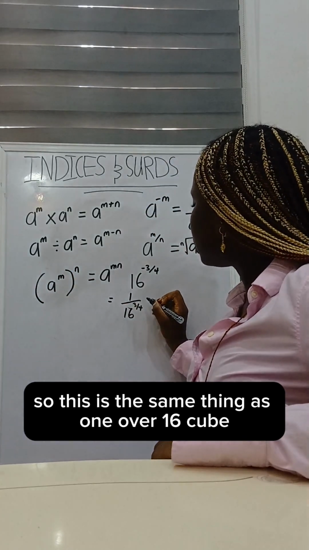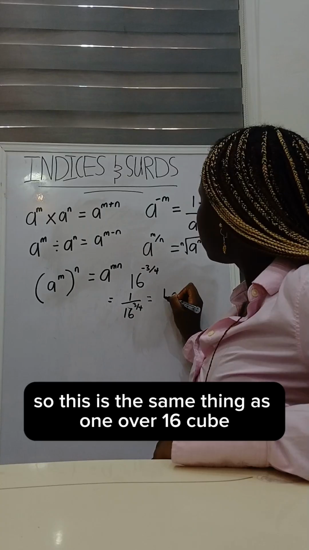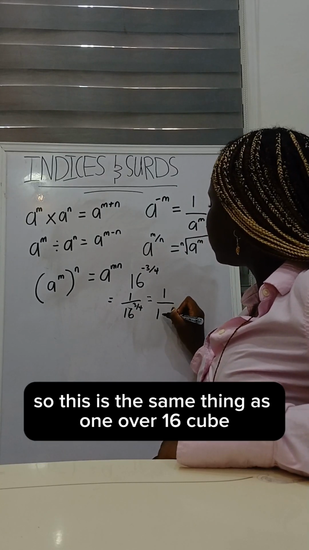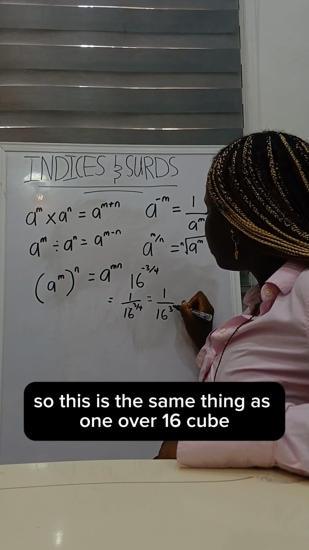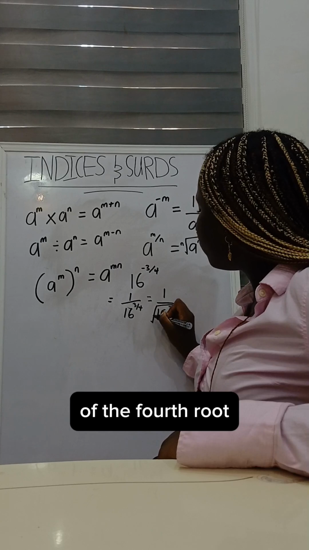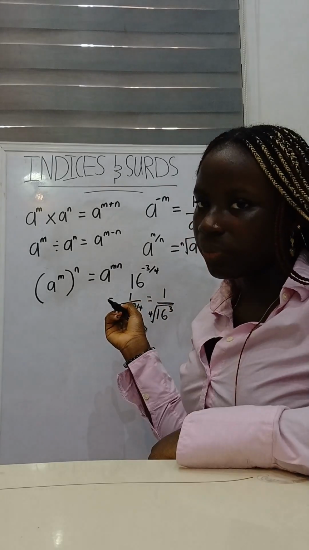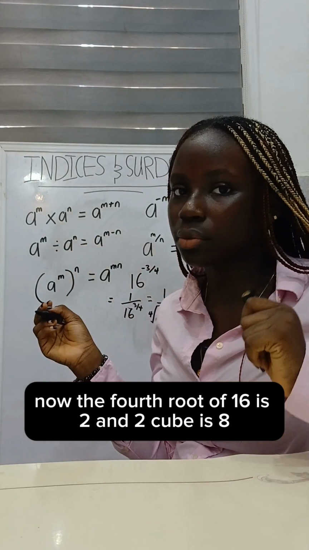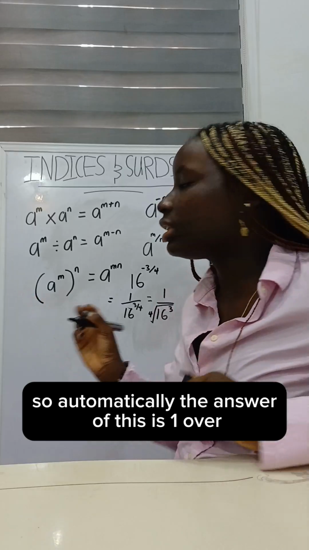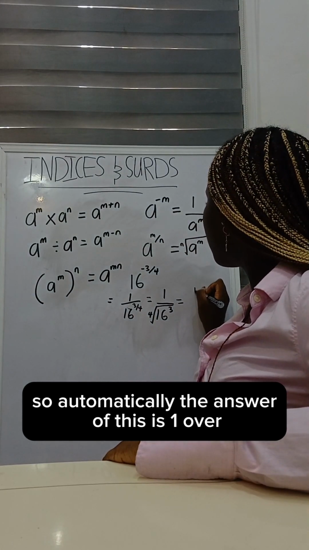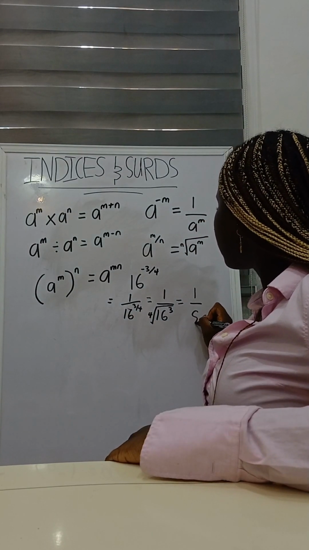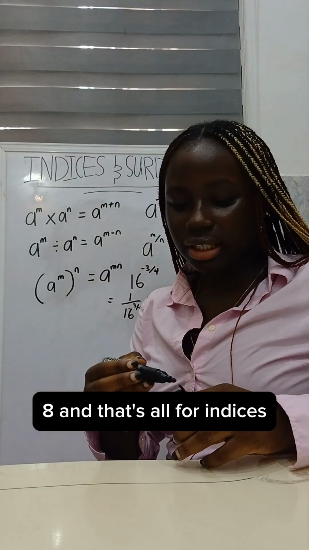So this is the same thing as 1 over 16 cubed of the fourth root. Now the fourth root of 16 is 2 and 2 cubed is 8. So automatically the answer of this is 1 over 8. And that's all for indices.